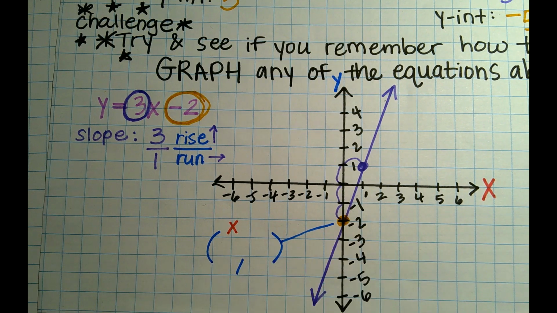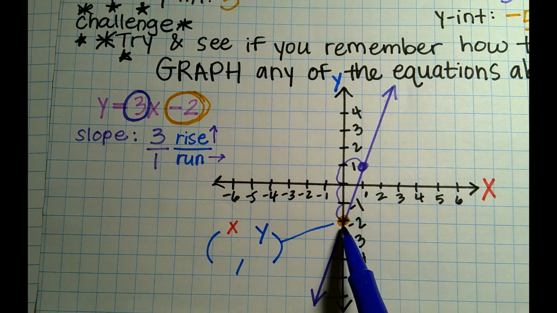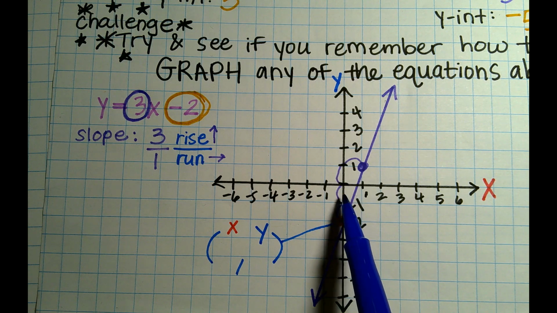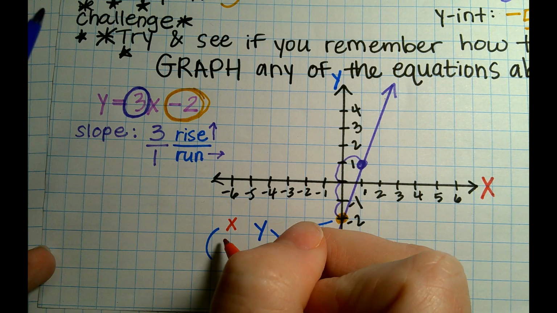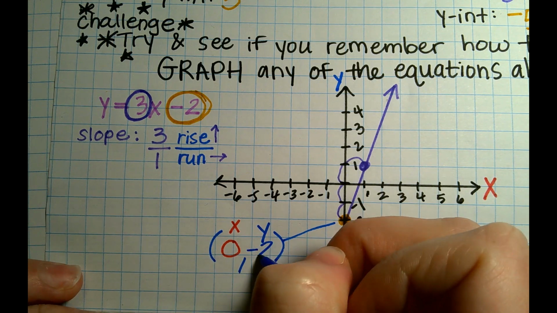X. Good. And then y. So my first point here, my y-intercept, what's the x value? Where does it line up on the x-axis? 0. Good. And my y value? -2. Good.